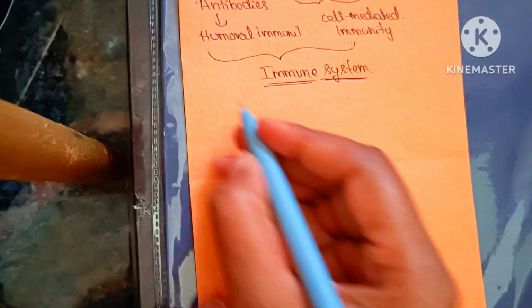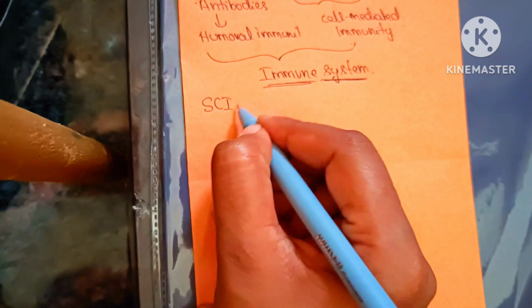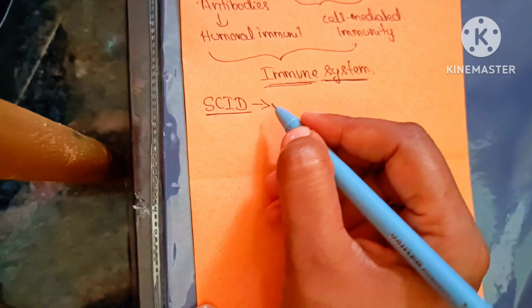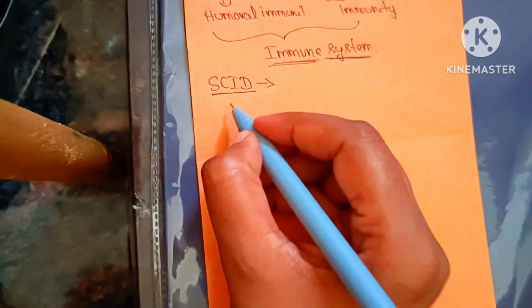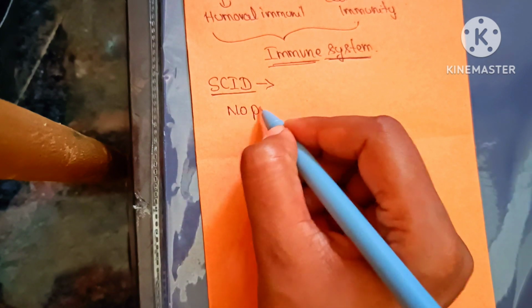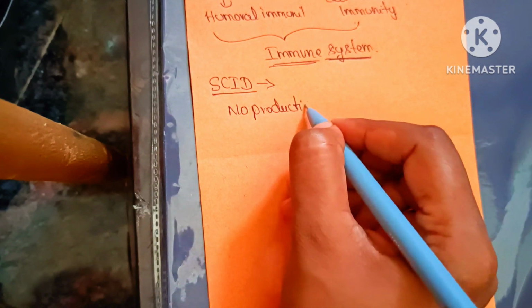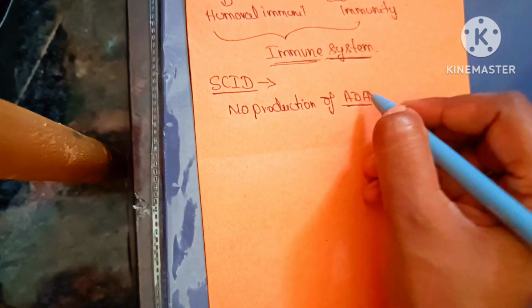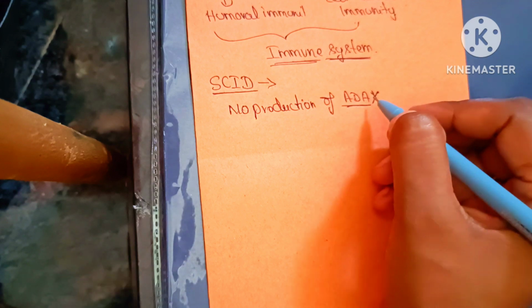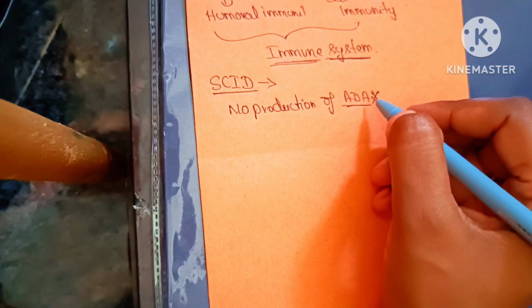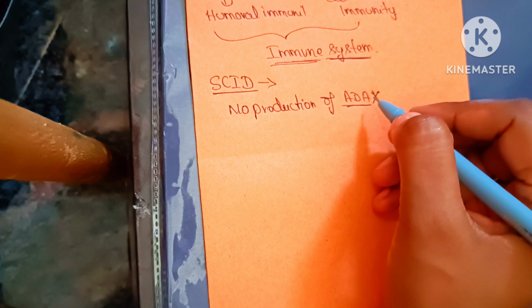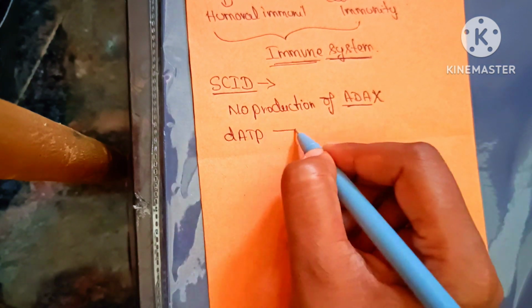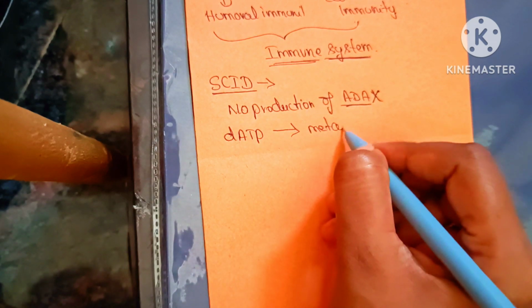Now, what happens in SCID? The patients who are suffering from SCID, that is severe combined immunodeficiency syndrome, in them there is no production of ADA. That is, adenosine deaminase is not produced. If adenosine deaminase is not produced, then dATP will not be metabolized.